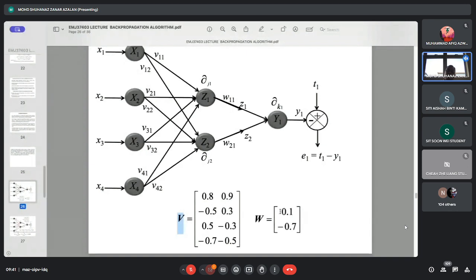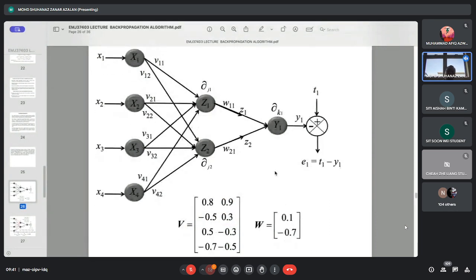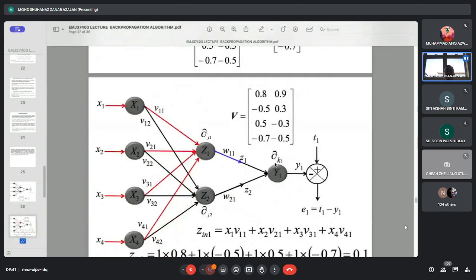So these are the values of the weightage for W. Okay, so this is V11, V12, V21, V22, V31, V32, 0.7, V41, minus 0.5, V42. So our task is to update the weightage in only one approach. How to do this? Starting from here.